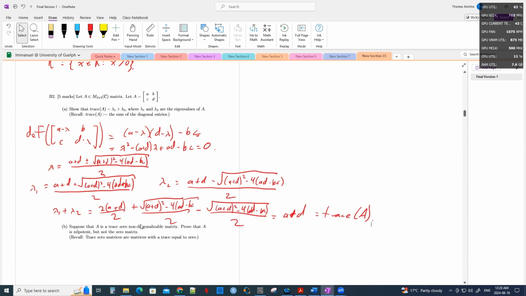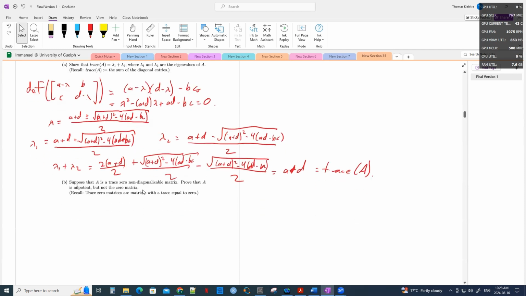Now, suppose that A is a non-zero, trace zero, non-diagonal matrix. Prove that A is nilpotent. Now, here we've got two things. We've got trace zero and non-diagonalizable. Now, in order to be non-diagonalizable, the algebraic multiplicity of lambda cannot equal the geometric multiplicity of lambda for at least one lambda.